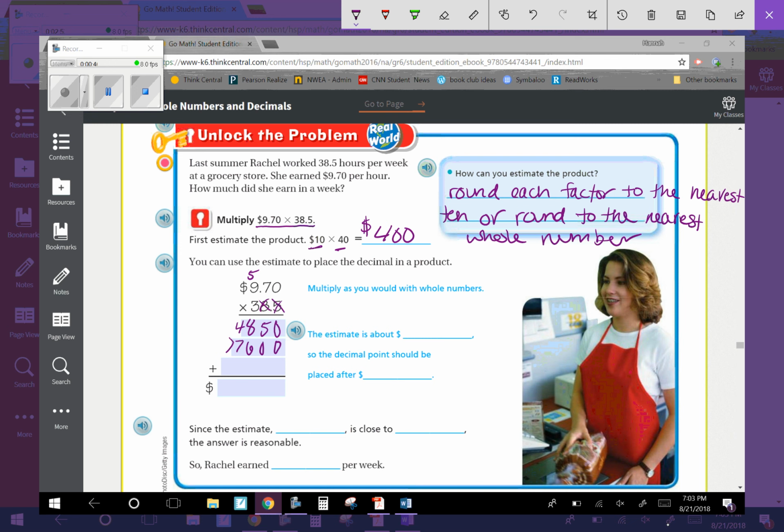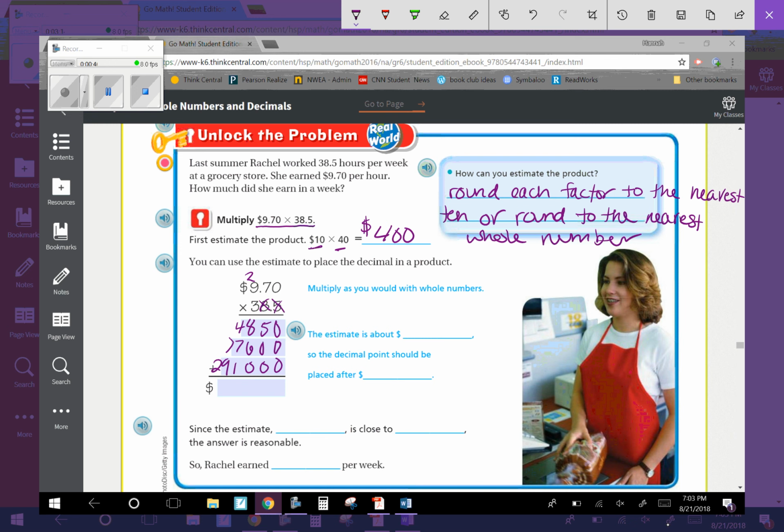And then 2 zeros to hold those place values again. 3 times 0 is 0. 3 times 7 is 21. 3 times 9 is 27, plus 2 is 29.